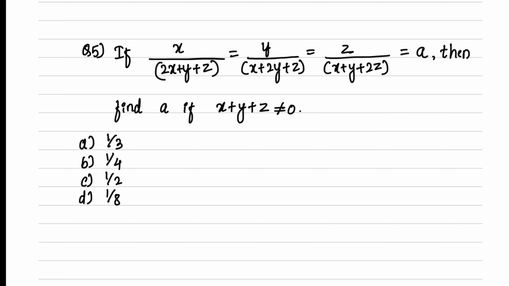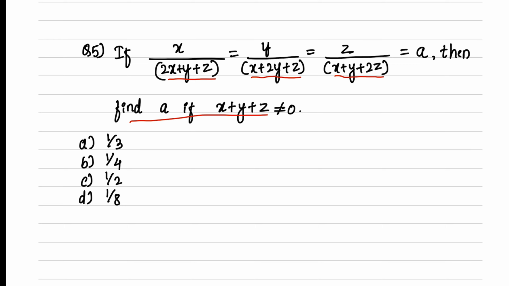See the fifth question. x by (2x plus y plus z) equal to y by (x plus 2y plus z) equal to z by (x plus y plus 2z) equal to a. Then find a if x plus y plus z is not equal to 0.